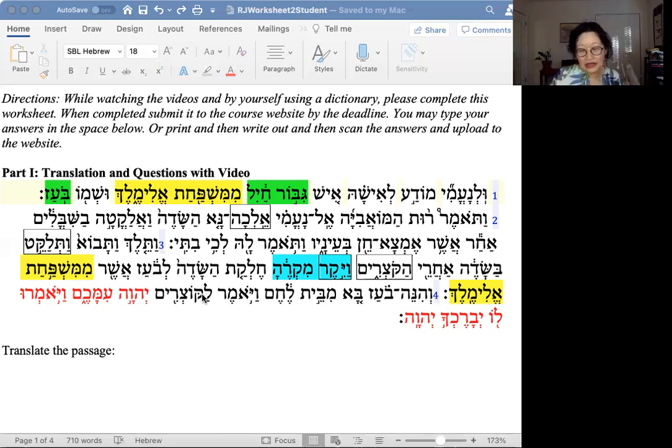Levirate marriage is really what Naomi refers to in the first chapter, when she tells her daughters-in-law to go back to their own mother's house. Am I young enough to give birth to another son? And even if I were able to, are you going to wait for the son to come of age? What she's referring to in that whole statement, which sounds quite confusing, is levirate marriage.